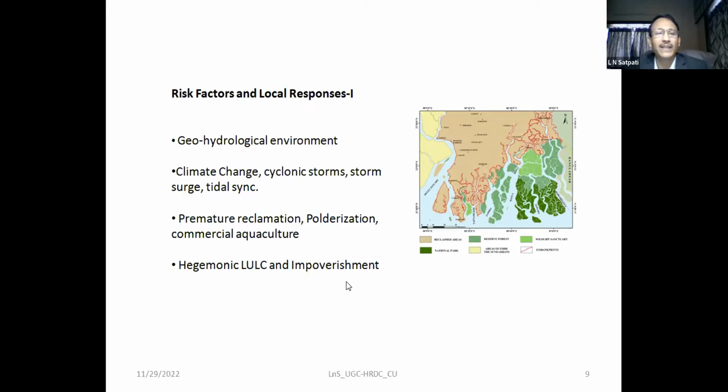So what is happening is that this region, the entire Sundarban area, is now witnessing transformative land use from traditional agriculture to aquaculture, and from indigenous ecosystem-based economy to mass tourism activities.